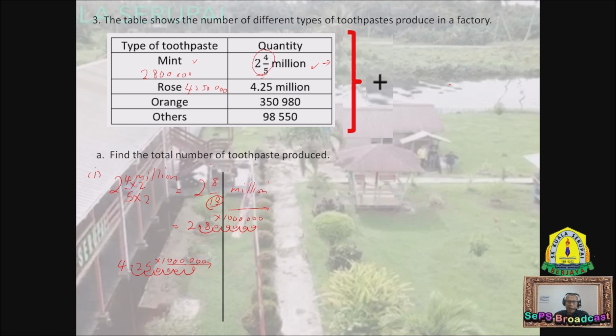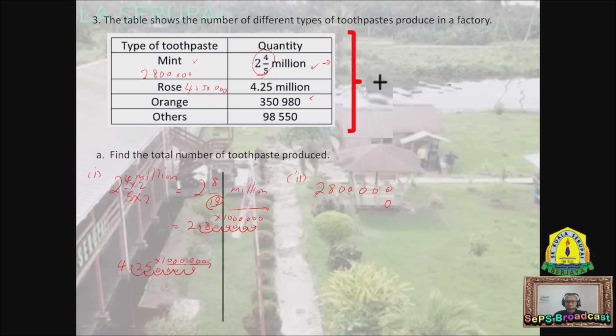That is very simple, but what we are going to do is find the total. So how are you going to total? Total means you have to total up all those numbers. It's very simple. Over here, calculation number 2 is you have to calculate 2,800,000, and then we have to add the rose flavor.